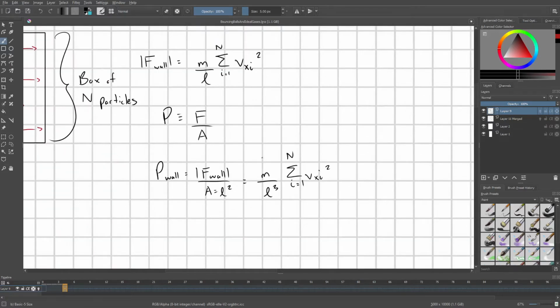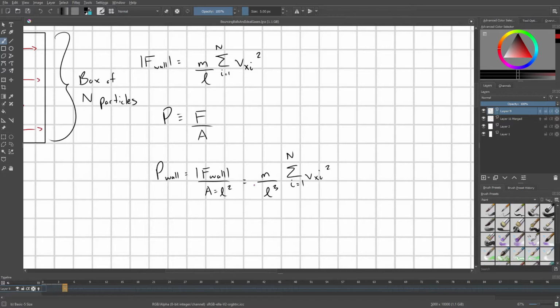Another thing that we might want to consider is this little parameter, mass m, which is a very microscopic parameter. We might want to consider a more macroscopic parameter, for example the density of the gas, as opposed to the mass of each of the little individual particles. To convert this equation into that is not particularly difficult.